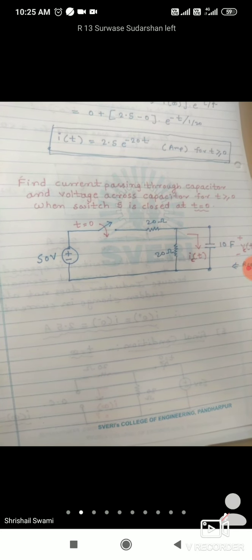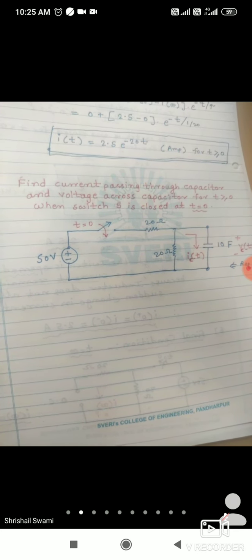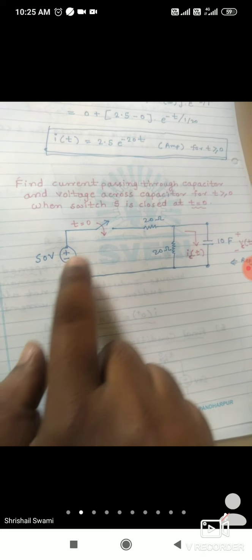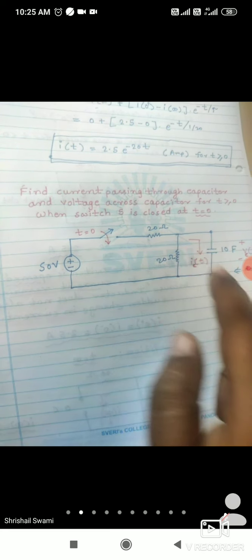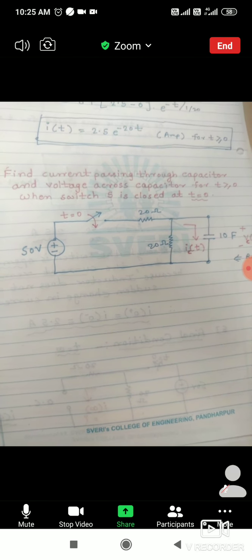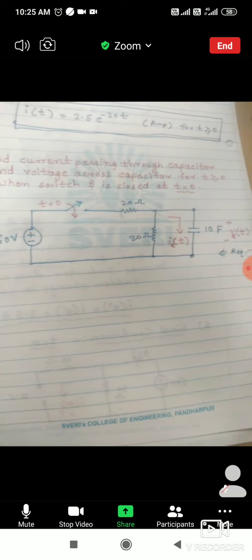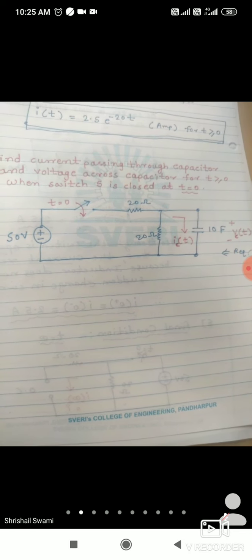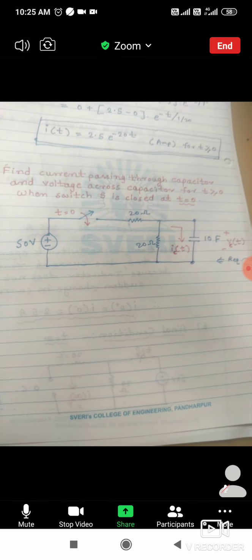The 50 volt is shorted, this switch is closed and the capacitor is open. You need to observe from this right hand side and measure from the opposite side. So 20 ohm and 20 ohm, how are they connected? I am asking a simple question. Anyone?